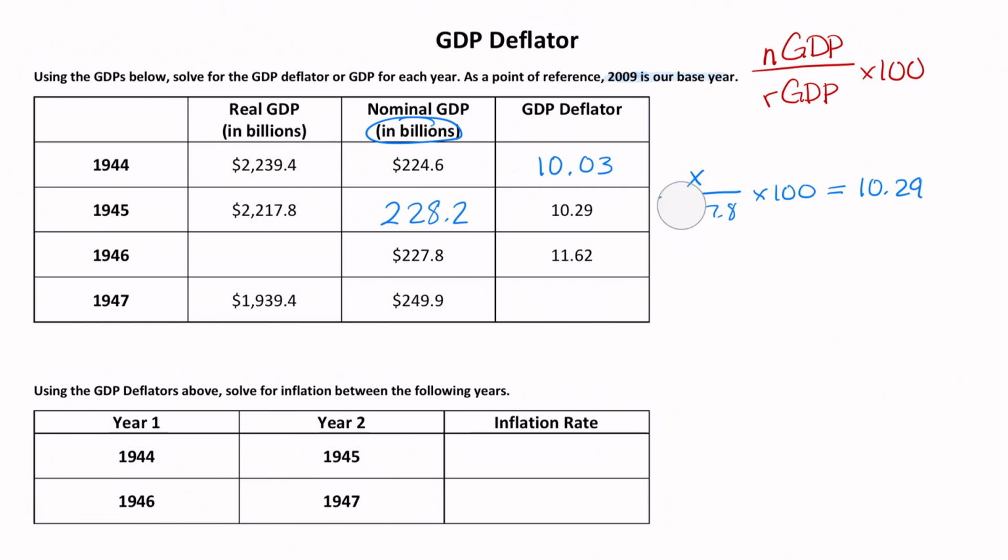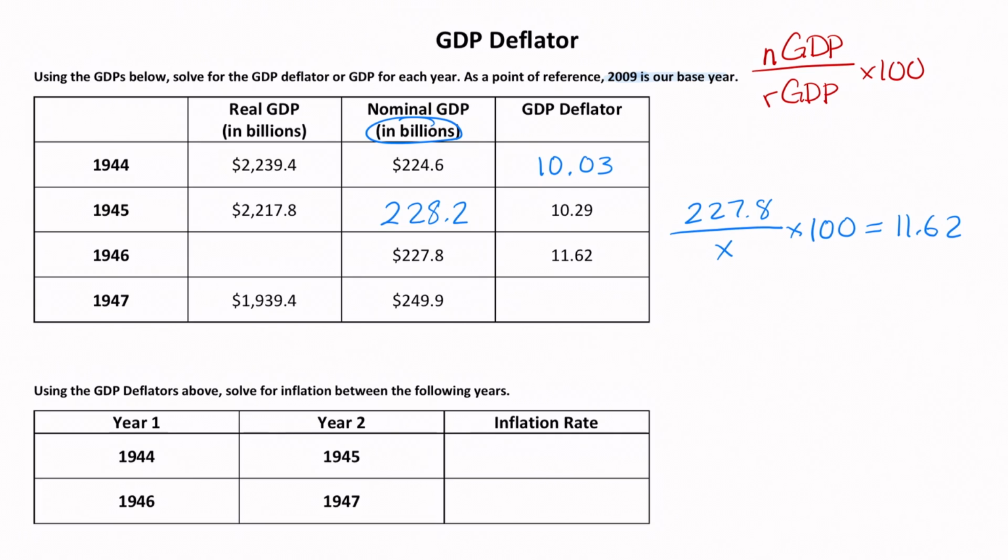All right, let's move on to this next one. This next one, we're missing our real GDP for 1946. But again, we can plug in what we do know. We do know that our nominal GDP is 227.8. We divide that by our real GDP, which we currently don't know, times 100 is going to get us 11.62. And again, divide both sides by 100, and then do all the dividing out by 227.8, all that kind of stuff.